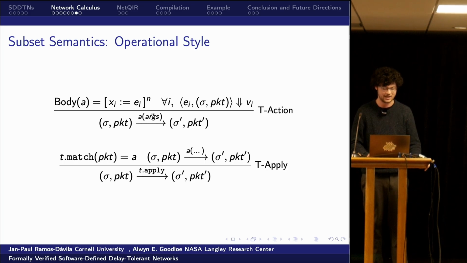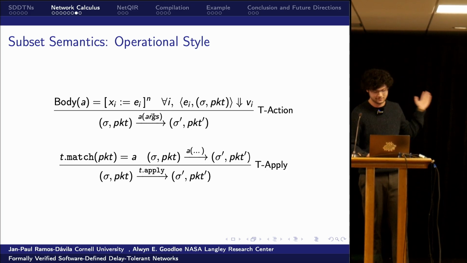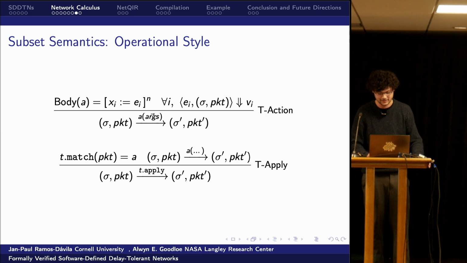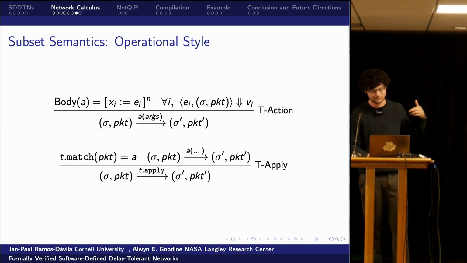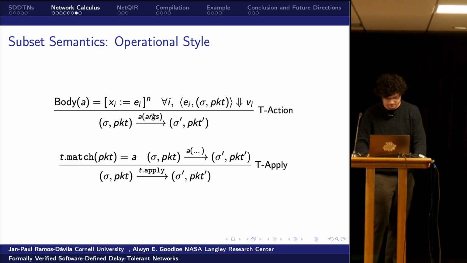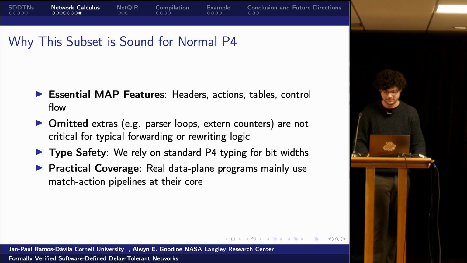So we just look up the action body, body of A, this is typically just going to be a list of assignments. So we just enumerate those assignments, and these are just going to be expressions, and we just evaluate these expressions and then update the packets accordingly. Pretty straightforward there. And then for T-apply, this is going to cover the table application. So if the table match picks an action A, we then run that action's small-step execution. And of course, there's more for control flow and sequential composition and assignment for the packet header fields.